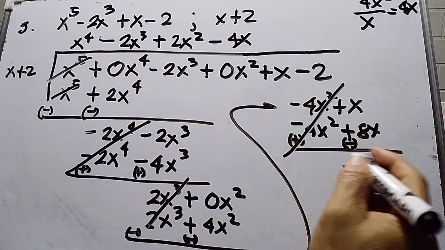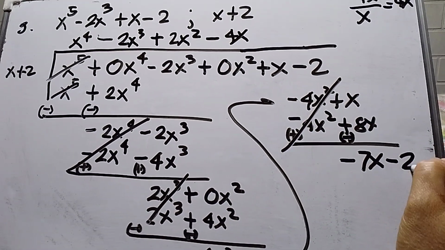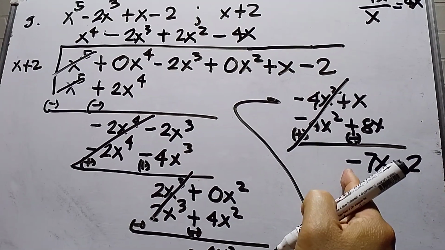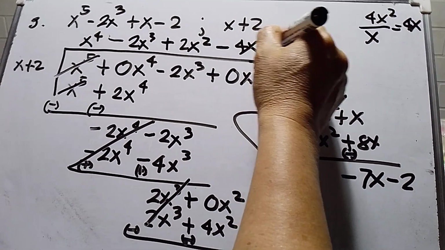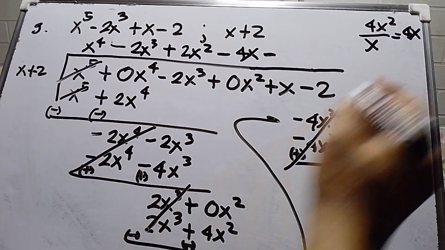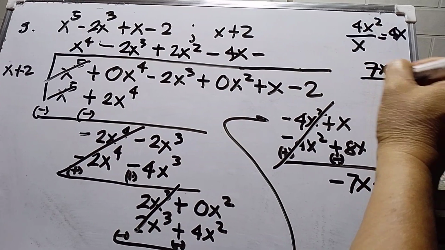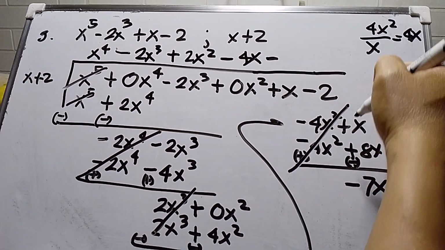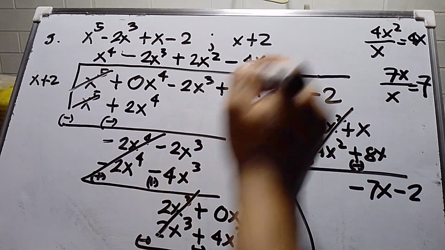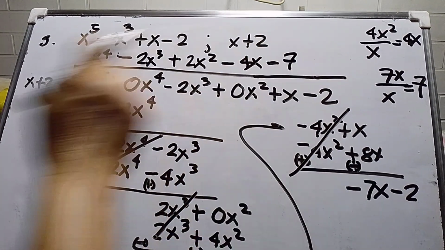Then bring down the last one, the constant. Since my new dividend is negative, this will be minus also. Then divide 7x by the first term of the divisor. This will be 7, because x and x will be crossed out. And then multiply.